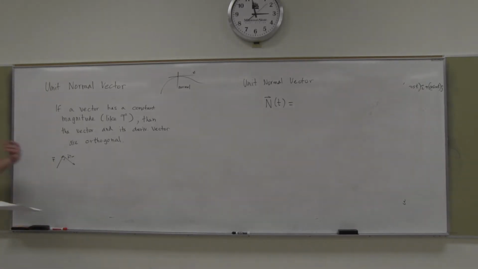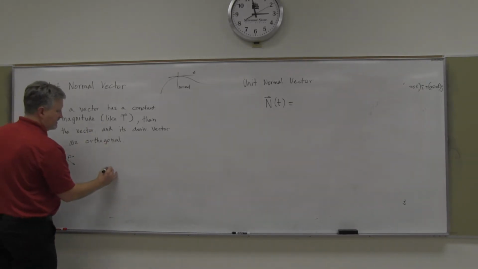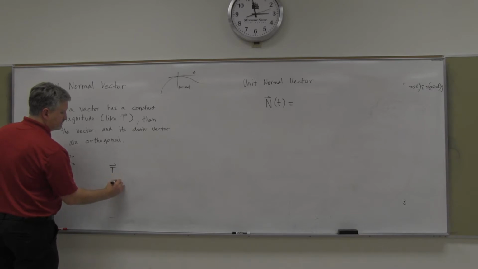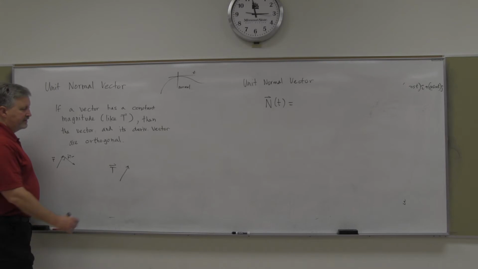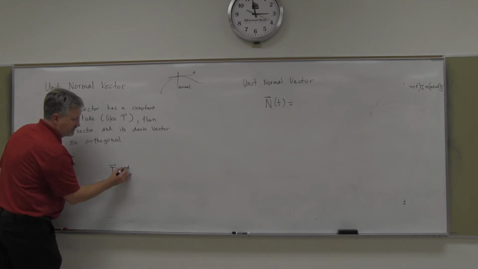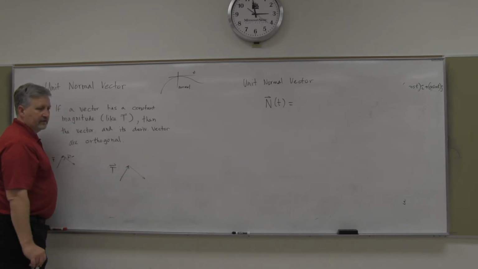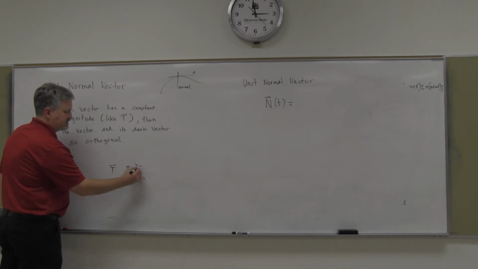All right, so if we've got T here, whatever direction it's taking, then we know we've got another vector orthogonal to that, its derivative.